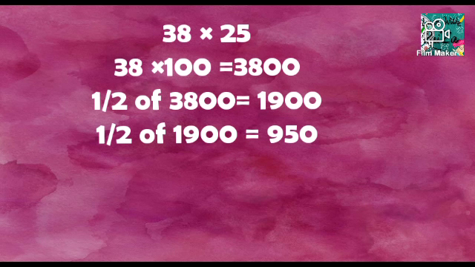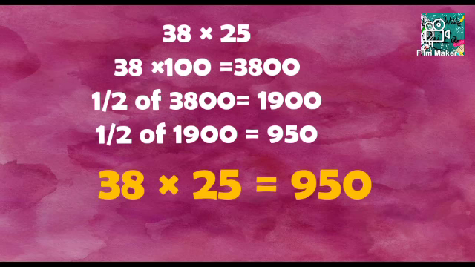Half of 3800 means 3800 divided by 2. Then you get 1900. Now children, take that 1900 and halve it again. That means divide 1900 again by 2. Then you will get the answer for 38 by 25. That means 38 by 25 is equal to 950.